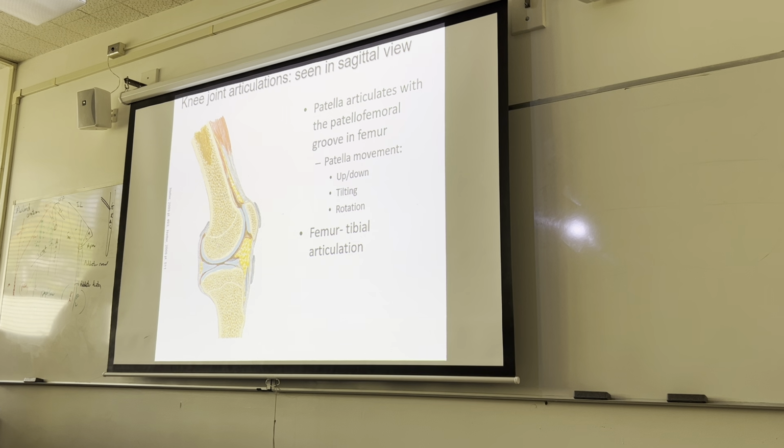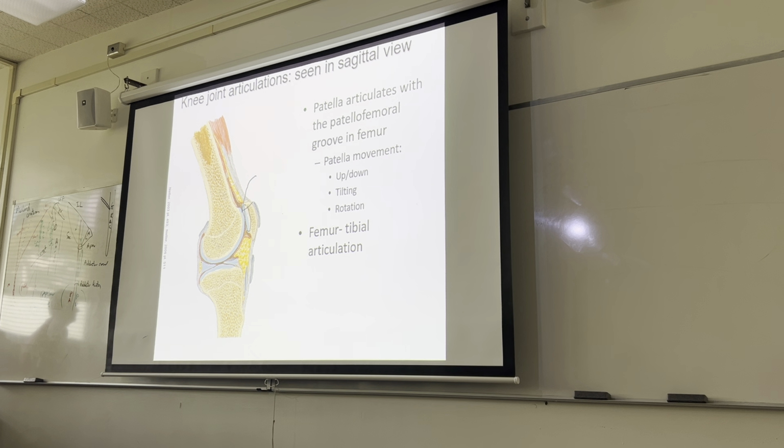Here's a cross section. This is a sagittal cross section, and so you can see the posterior aspect of the patella has hyaline cartilage for that patellofemoral articulation, and then we can see we're adding actually a little bit of extra cartilage here.